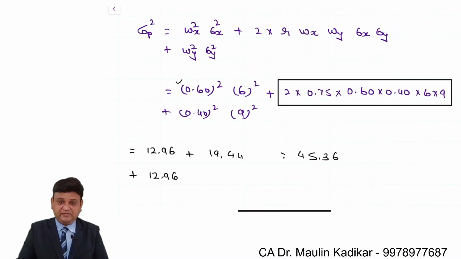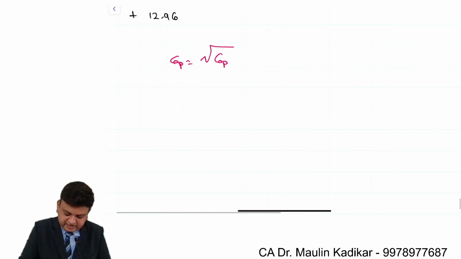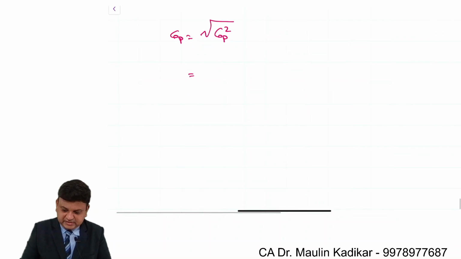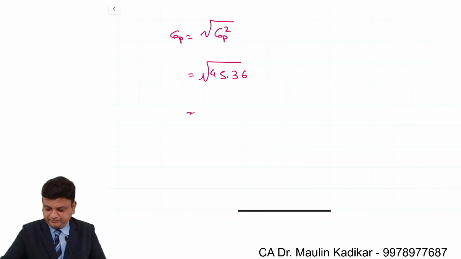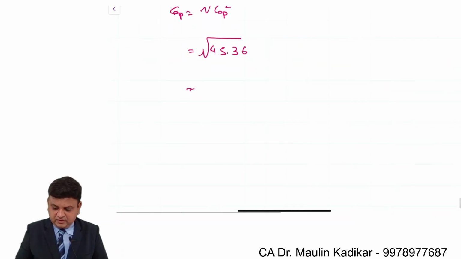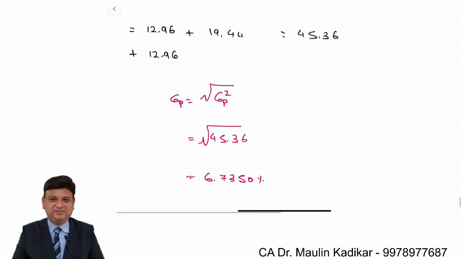Once we compute the variance of the portfolio, then we compute the standard deviation of the portfolio. It is the square root of the variance. So it is the square root of 45.36. In that case the answer is 6.7349 or 6.7350, and importantly it is in percentage terms.